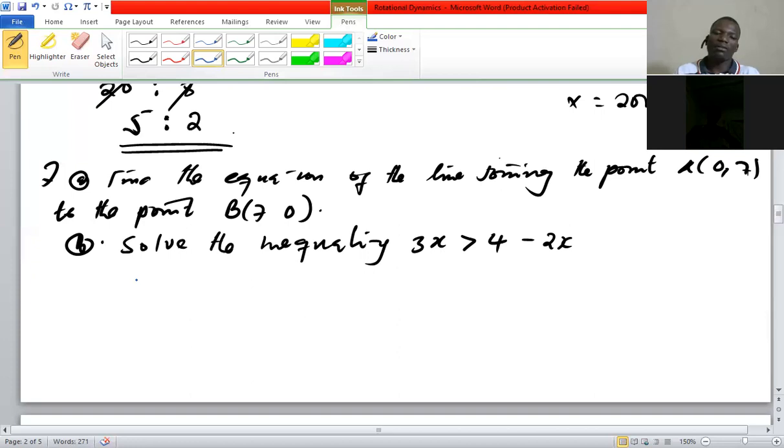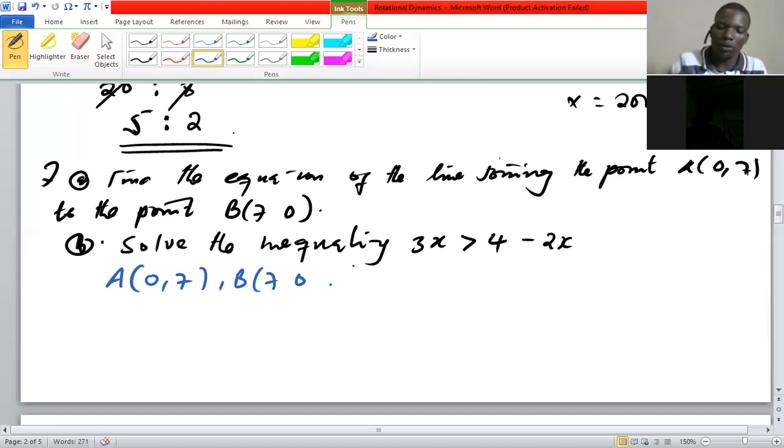Okay, so here we have to find the equation of the line. We have a line given by the points (0, 7) and (7, 0). So how do we find that?